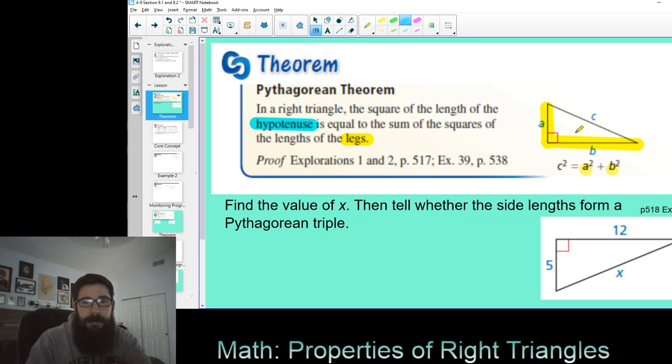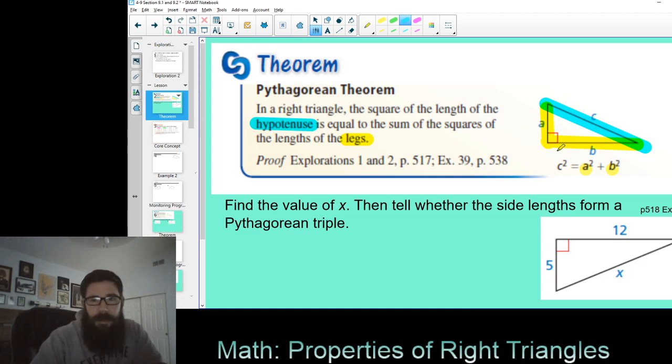And then your hypotenuse is the side opposite from that 90-degree angle. Like this 90-degree angle is open pointing toward that hypotenuse. That's how you can always tell. Your hypotenuse should always be the biggest side length. Always, always, always, always. Your hypotenuse is going to be the C letter right here.